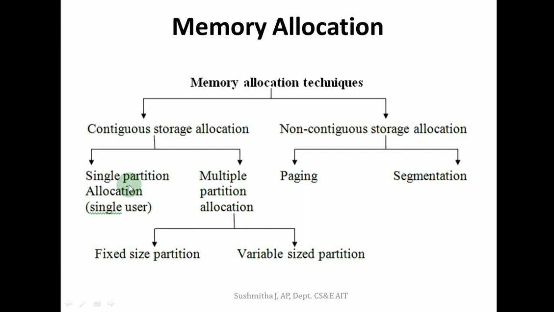We saw that previously, where in the main memory there is one portion where the operating system is resident and the rest is available for the user process as a single large partition. Now let us see multi-partition allocation, where we have multiple partitions of memory for the process.